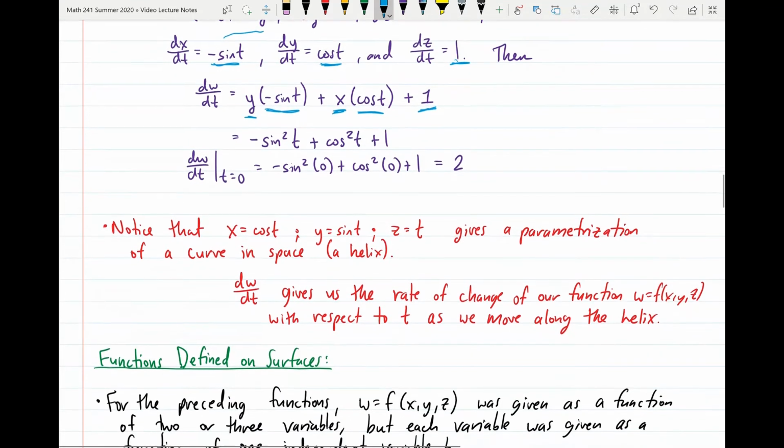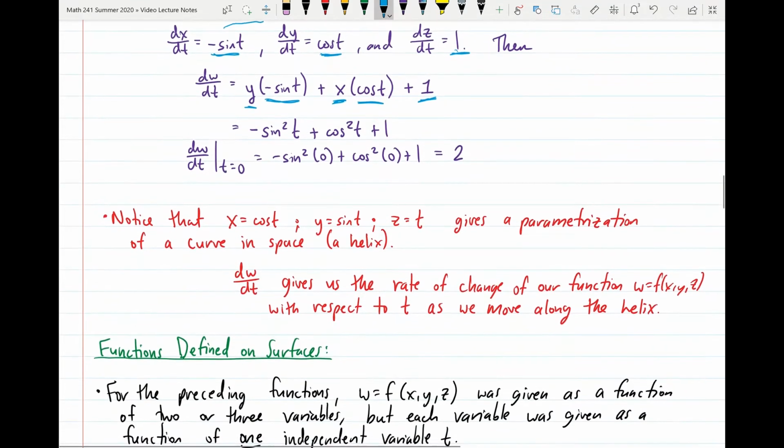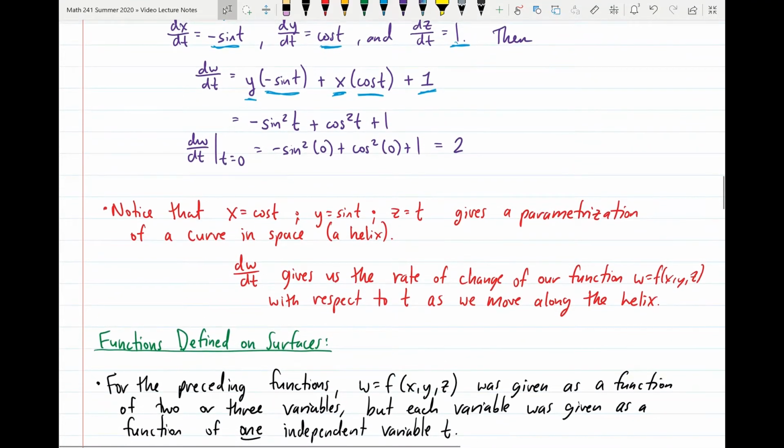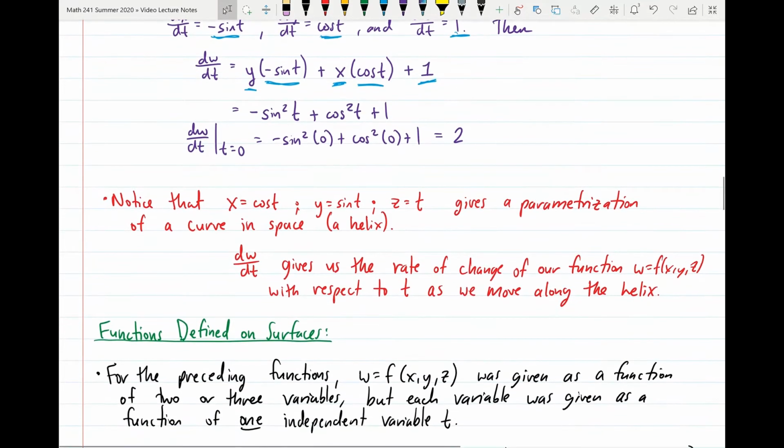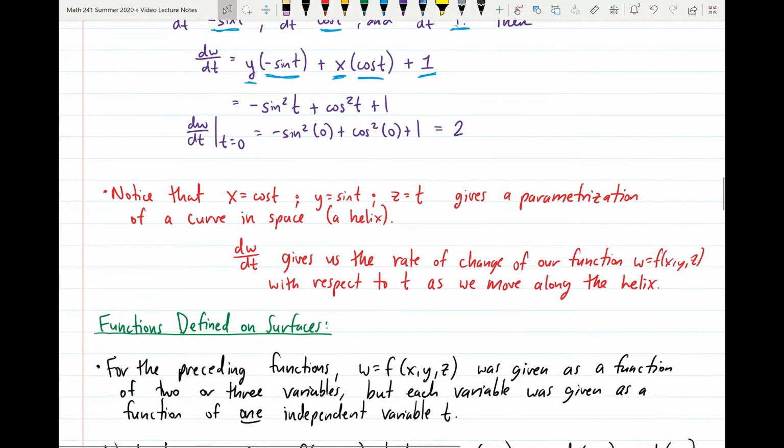So again, the process for functions of 3 variables is very similar to the process for functions of 2 variables. Just remember to use a branch diagram in order to get what the chain rule is going to look like for your specific function.